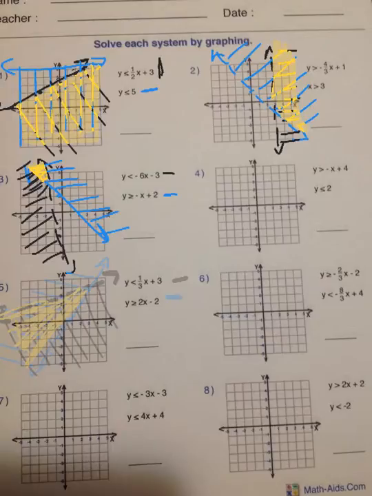And number 7, this one is at -3, and it's 1, 2, 3, 1. And it's a solid line. And then this one is at 4. And it's also a solid line.